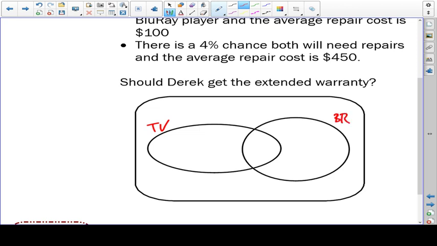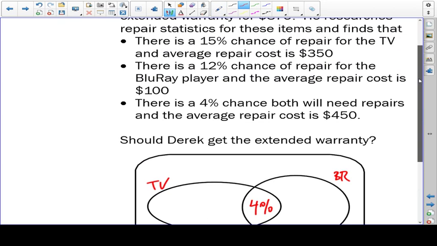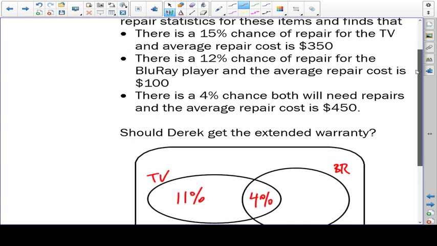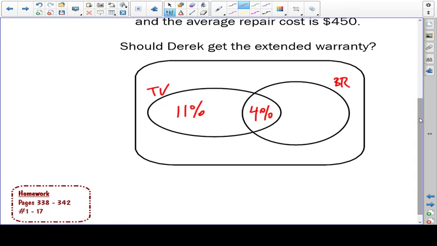Okay, 4% chance both are going to need repairs, so that's 4% in here. The TV, 15%, but 4 is already covered here, so that's 11% here. And the Blu-ray player, there's 4%, but 12% overall. So that means that this is 8%. So 77% is out here.